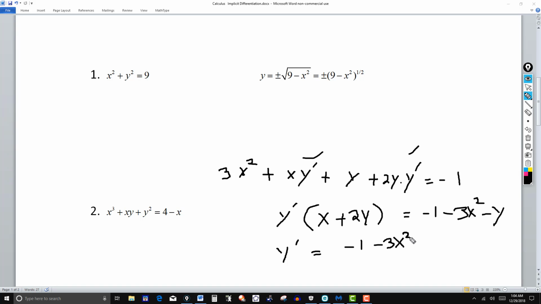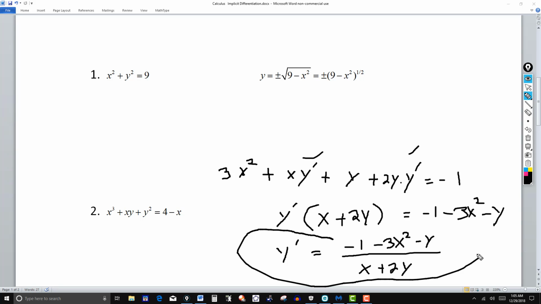And then both sides are divided by x plus 2y. Okay, so this is your derivative computed implicitly.